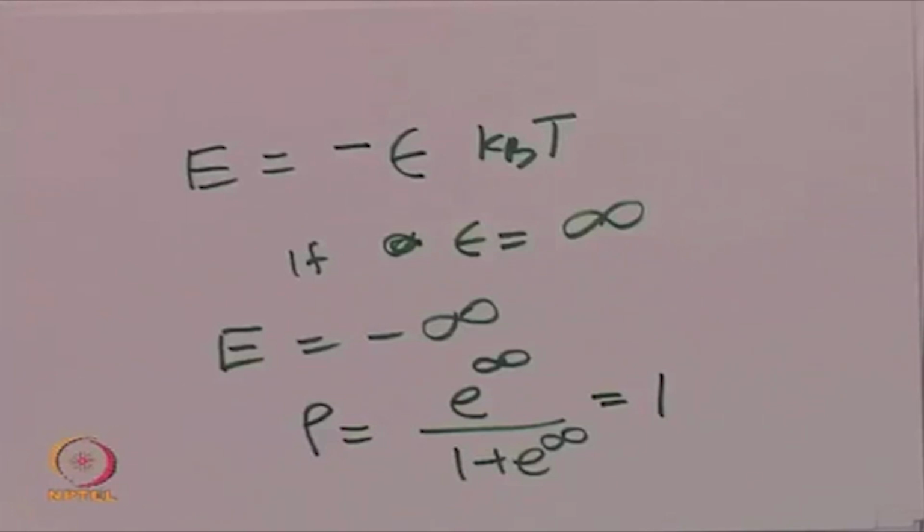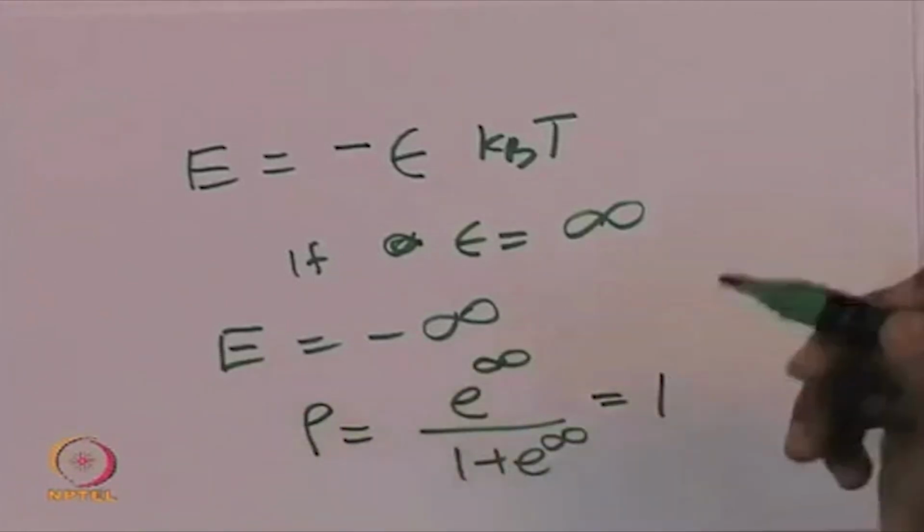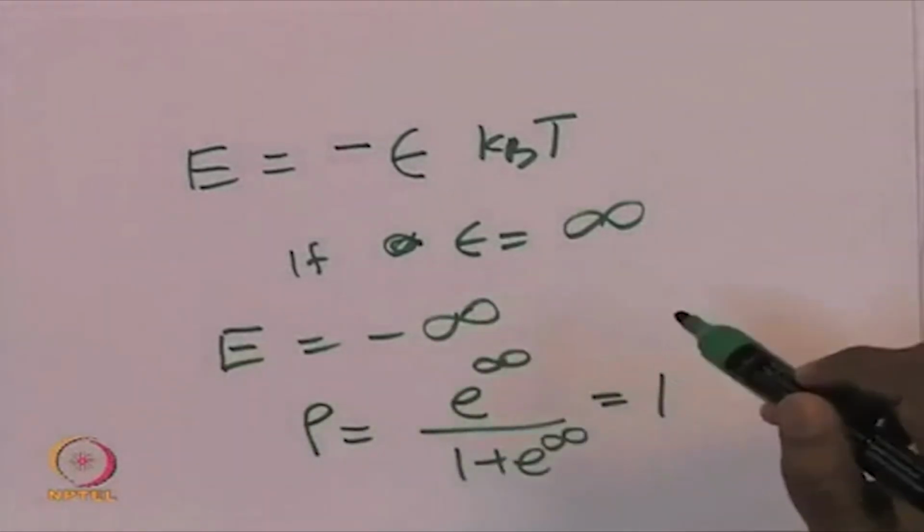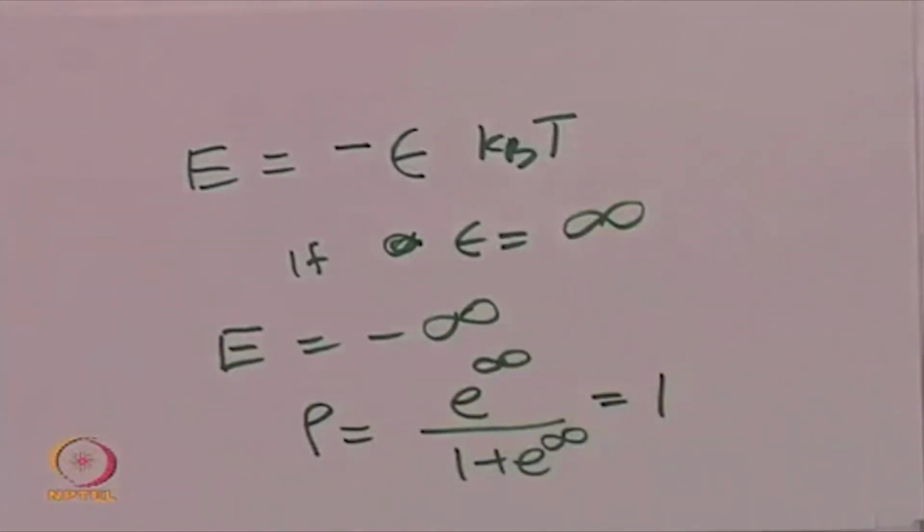And if epsilon is minus infinity, that means the binding energy is plus infinity, so proteins do not want to bind at all.